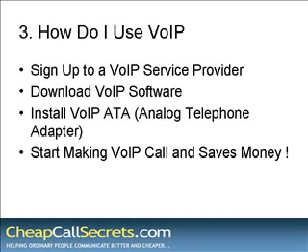Again, there is free software that you can download. If you want to use your computer, or if you want to use your normal telephone line, then you buy a VoIP ATA or analog telephone adapter. I'm going to show you the diagram how to do that. I'll give you some ideas how to set it up. Once you set that up, basically you just start making VoIP calls and start saving money.